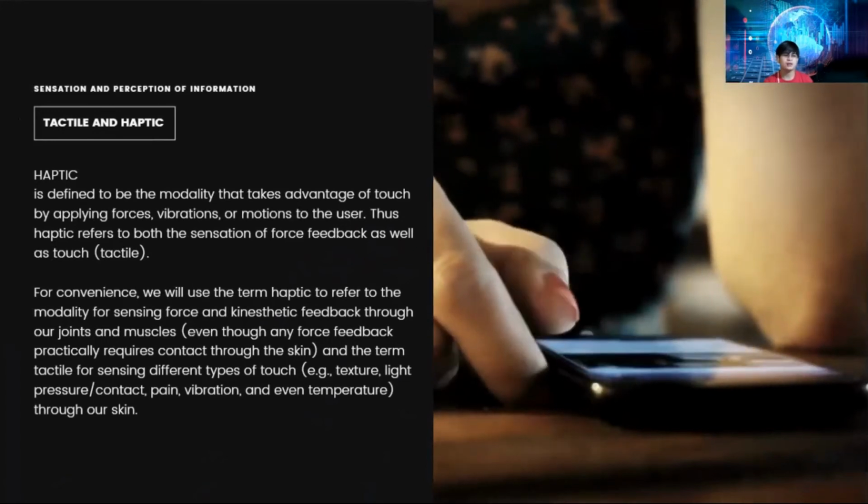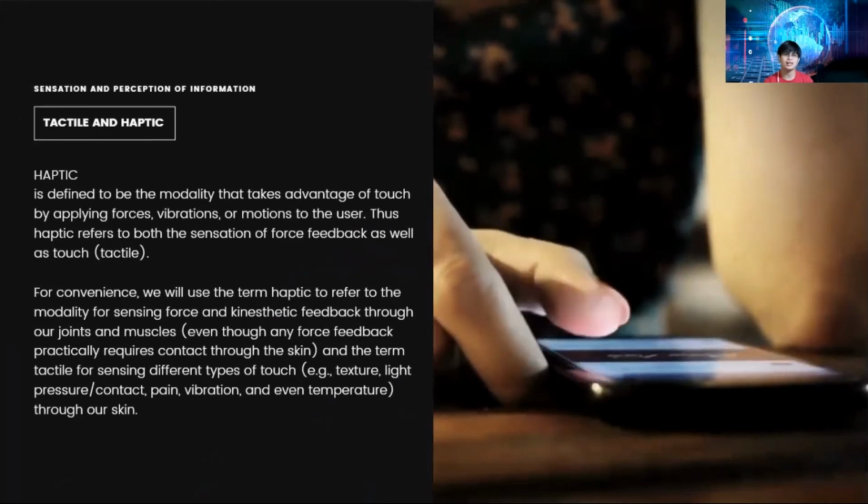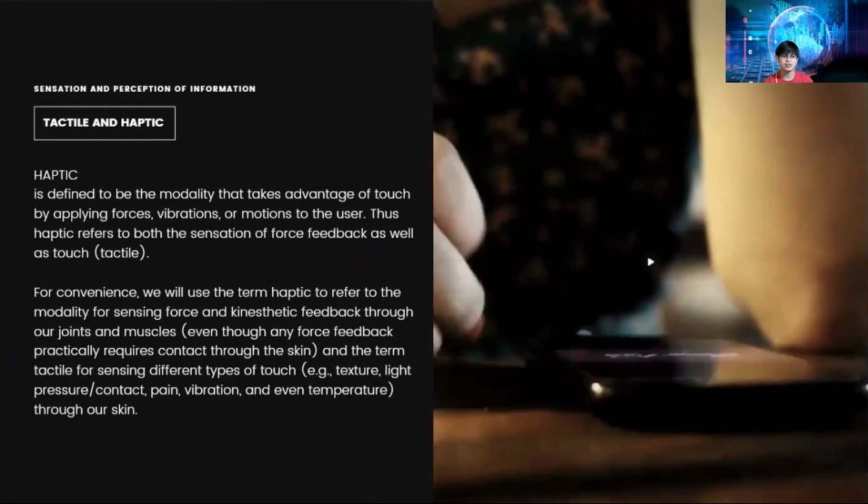Thus, haptic refers to both the sensation of force feedback as well as touch or tactile. So when we say tactile, it is when you are applying a touch, like when you are touching your smartphone. When haptic, there's a sensation of force feedback with touch.